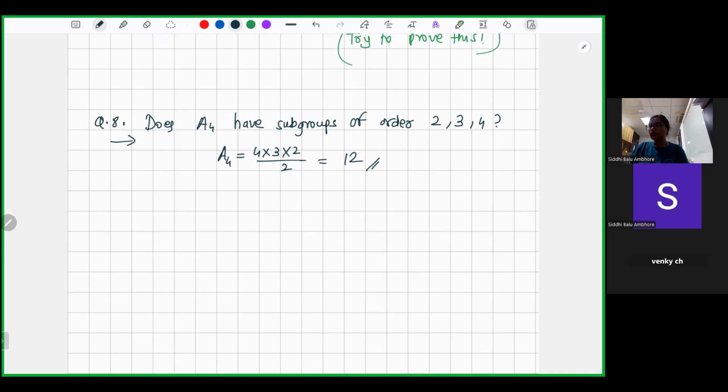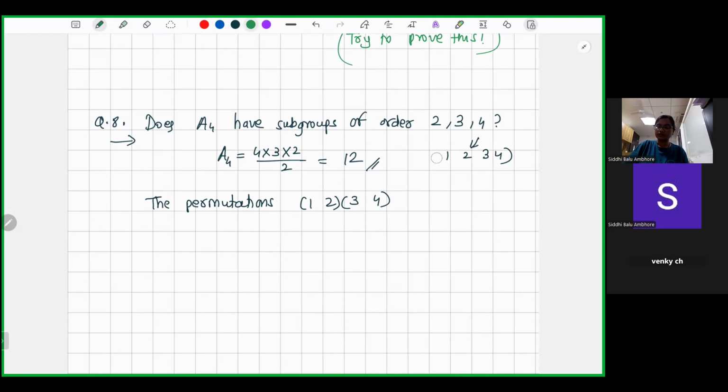Okay. So note that in S4, we could just take the cycle (1 2 3 4).